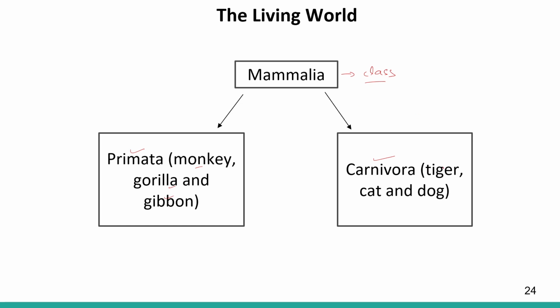Examples of Carnivora are tiger, cat and dog. They share only some common characteristics, and the categories are becoming very diverse and broad. These two don't share many similarities.